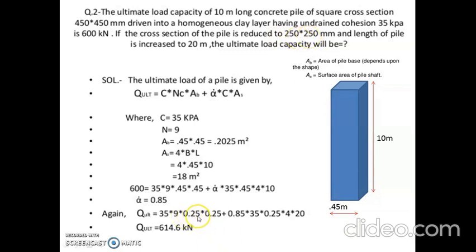So we write 0.25 into 0.25 plus alpha value already we calculated, that is 0.85 into 35, that is C value, into 4 times B into L. So 4 into B will be now 0.25 instead of 0.45, and length L will be 20 instead of 10. So after calculation, we will be able to get Q ultimate equal to 614.6 kilonewton.